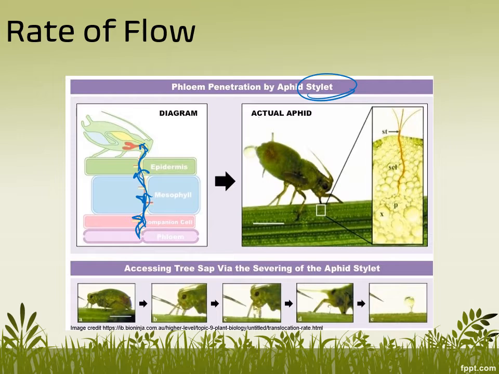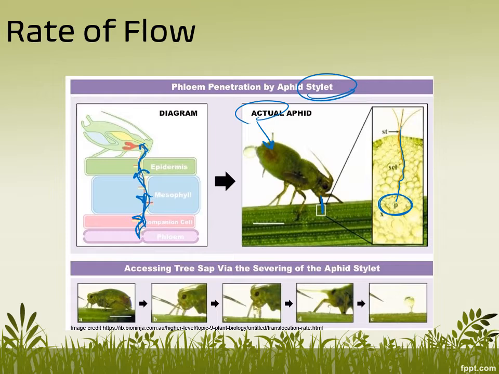So here's an actual aphid, and he's got his stylet down into the plant. And aphids and their stylets are built so that the stylets end right at the phloem. We scientists, with needles or pipettes, we don't know when to stop at the phloem, not nearly as well as the aphids do.